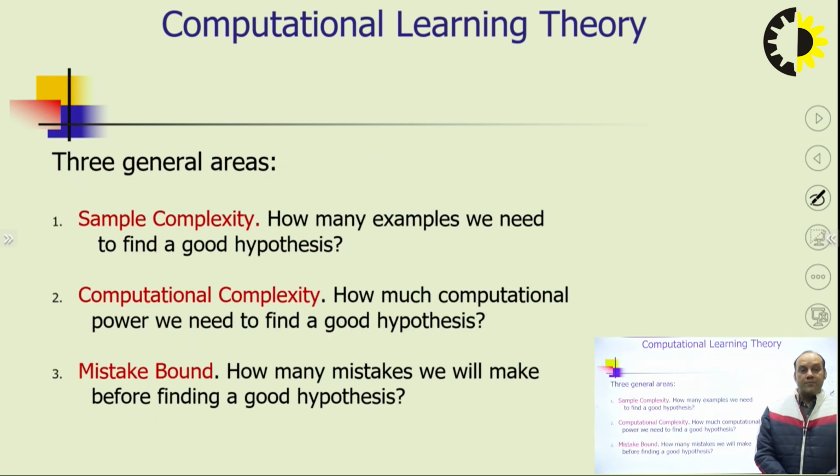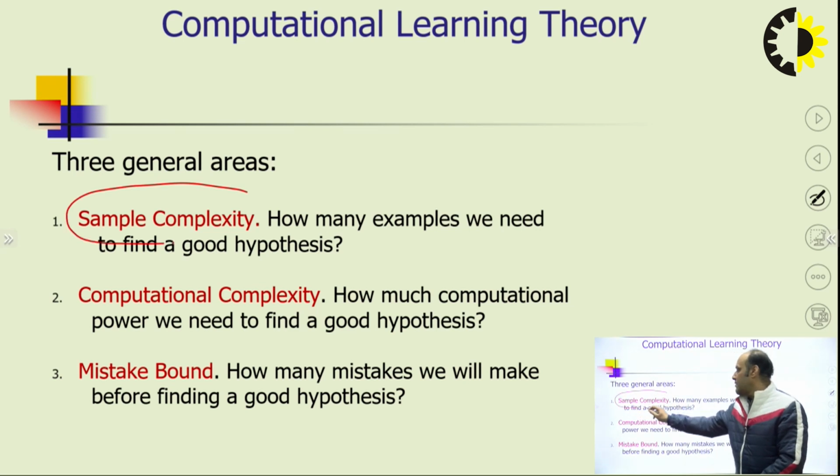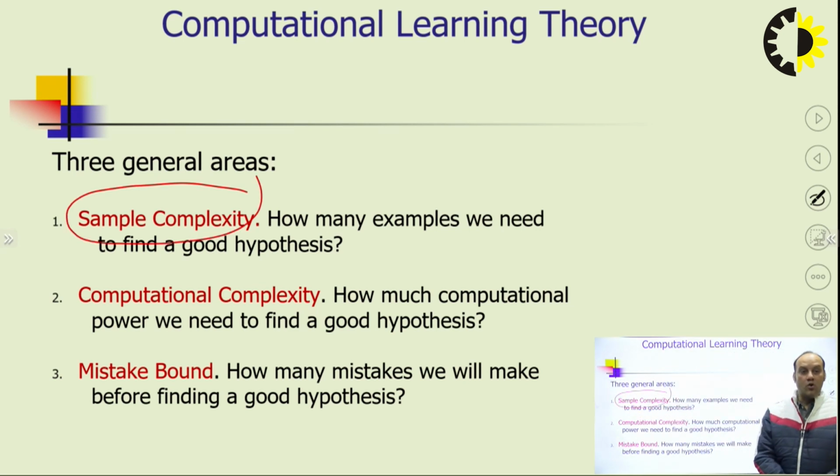So computational learning theory will generally concentrate on three general areas. Number one is the sample complexity. Sample complexity means how many examples we need to find a good hypothesis. So this is important.